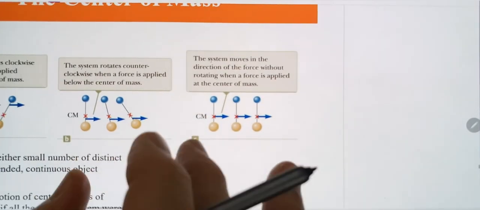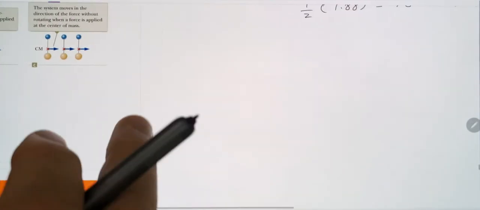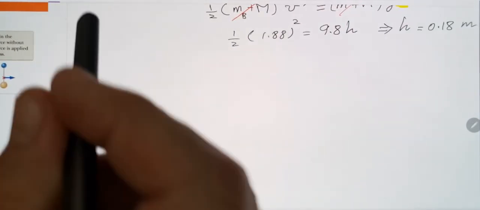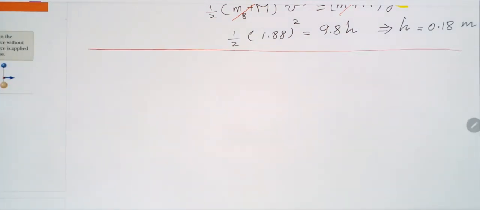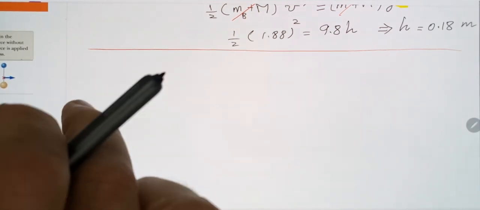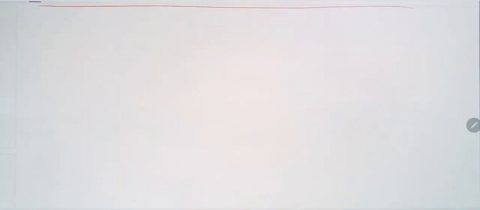Now, in most physics courses, they teach center of mass right after conservation of linear momentum.